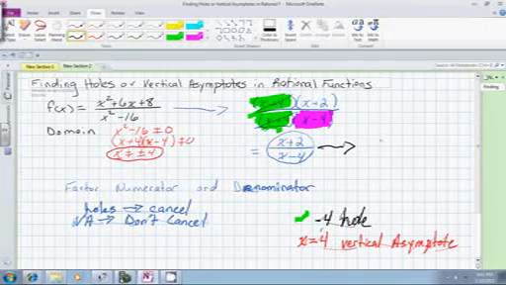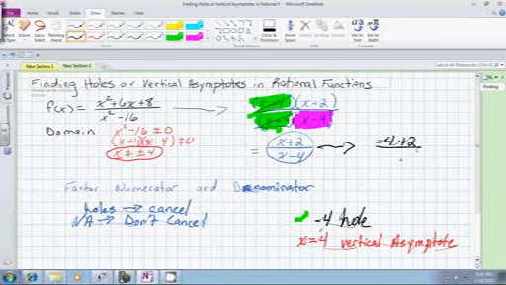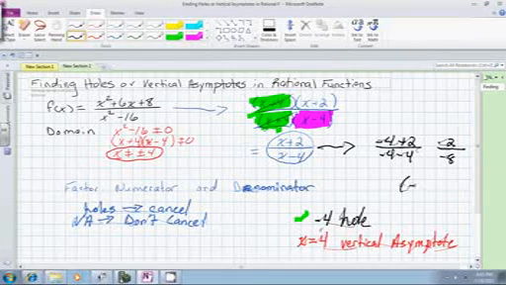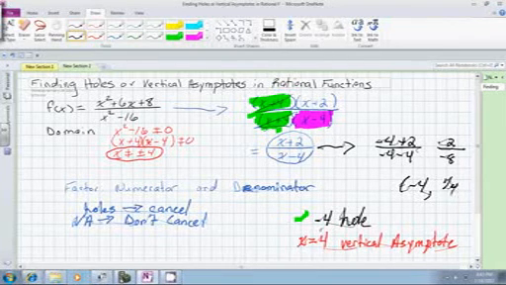So I'm going to take negative 4 plus 2 over negative 4 minus 4. That's going to give me negative 2 over negative 8, which means I have a hole at the point negative 4, comma 1/8, or I'm sorry, 1/4. Negative 4, 1/4 is my hole.